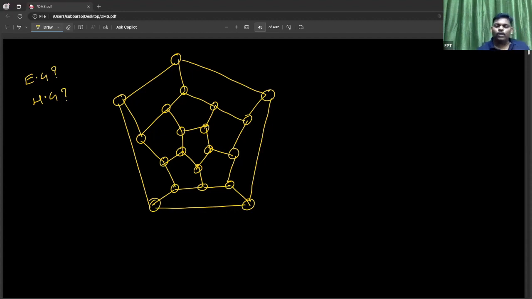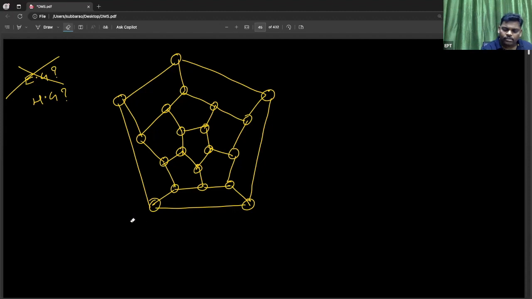Is it Euler? More than 2 odd degree vertices, so an Euler path is also not possible. Euler circuit also not possible. It is an odd degree, an odd degree, an odd degree. Okay, fine. Euler is very simple because there is a shortcut.